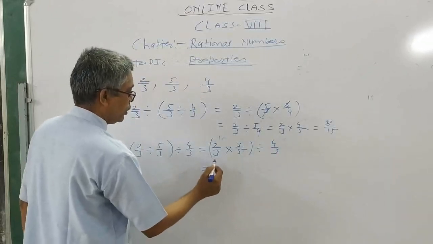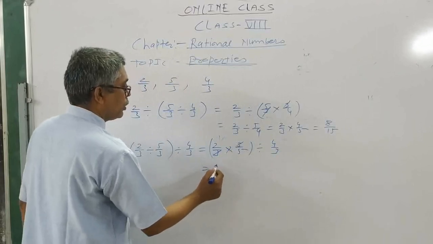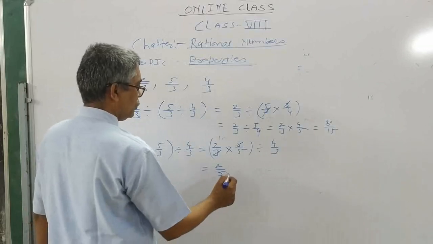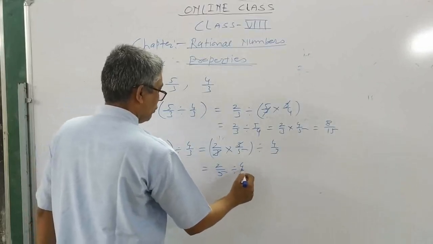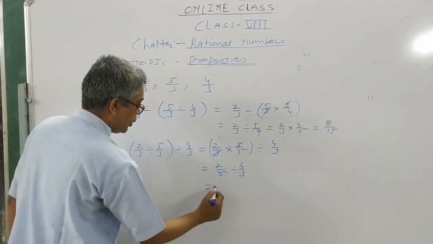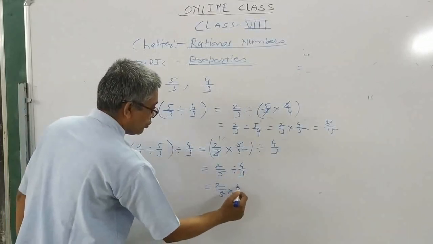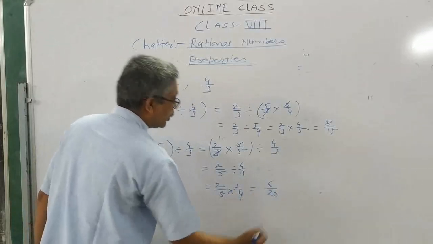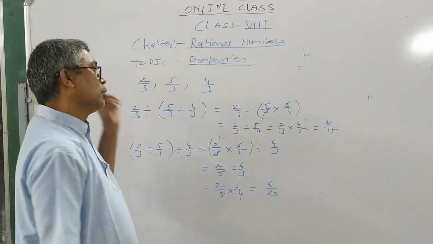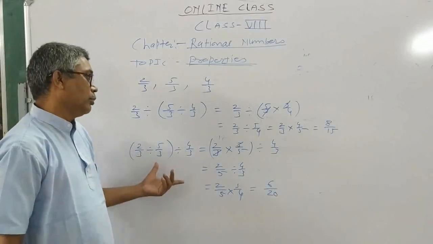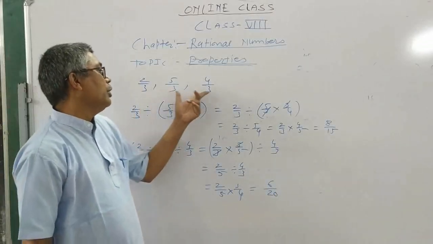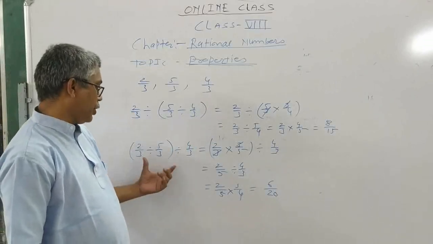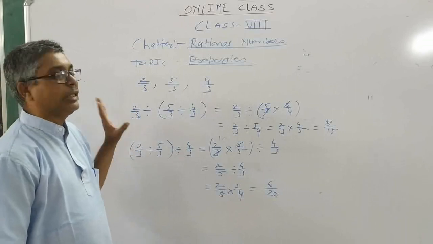So what we get here, again this 3 3 cancel and we have 2 by 5 divided by 4 by 3. So here we take 2 by 5 into 3 by 4 and we get 3 2s are 6, 5 4s are 20, so 6 by 20. So during this association we have the same three rational numbers, but we associate these three rational numbers in different ways, but order is same.